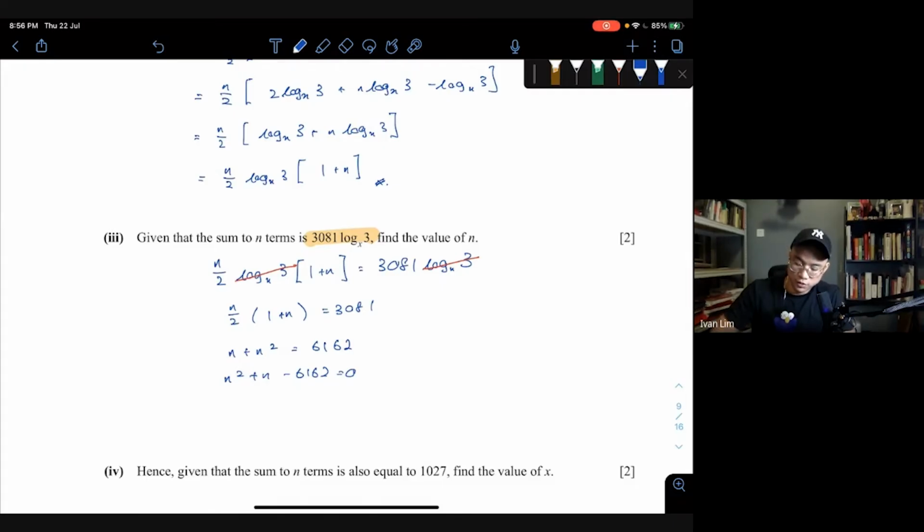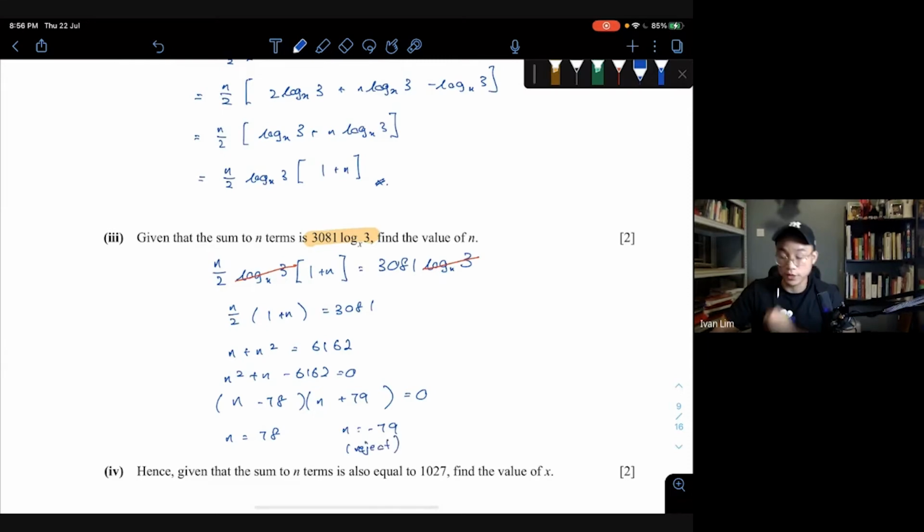Okay, then here you either show or just use your calculator to help you out. n minus 78, n plus 79 equals 0, n equals 78, n equals negative 79. Your n value cannot be negative, therefore we reject this value. Okay, n value must always be positive because we can't count the number backwards to negative.